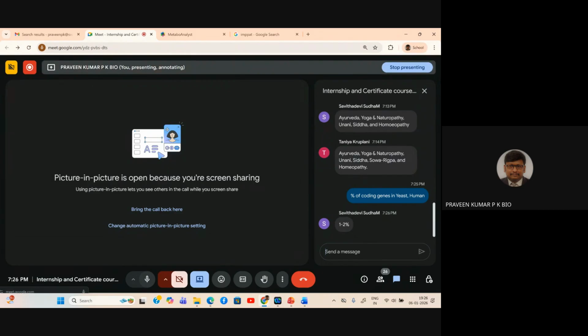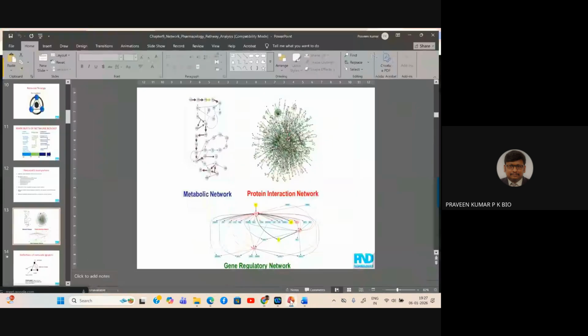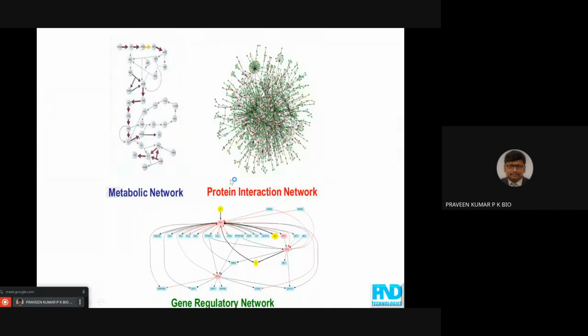More than 99% are coding genes. That's why a single unicellular organism is so effective at producing many proteins. So if you want to produce recombinant proteins, we try this kind of yeast, Saccharomyces cerevisiae, next to E. coli.